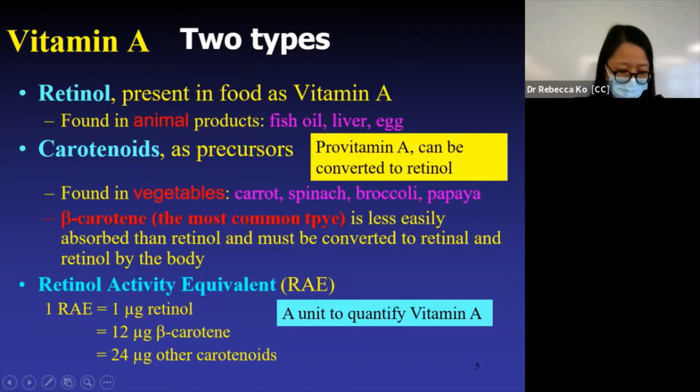Here you see a symbol. Do you know the meaning of it? That is micro, times 10 to the power of -6 gram. Just a small amount. We just need a small amount of it.